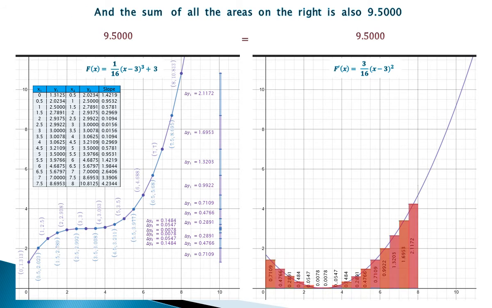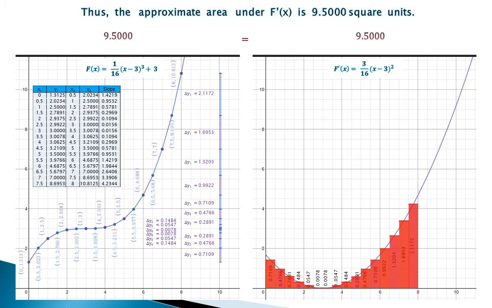And the sum of all the areas on the right is also 9.5. Thus, the approximate area under f prime of x is 9.5 square units.